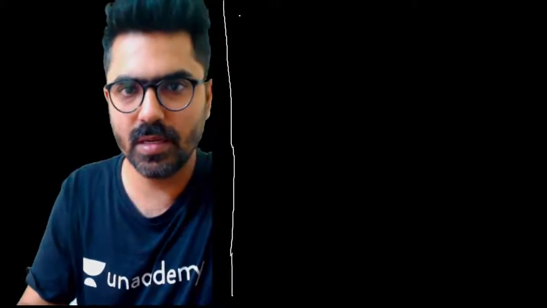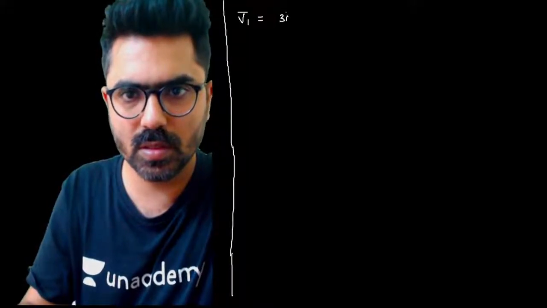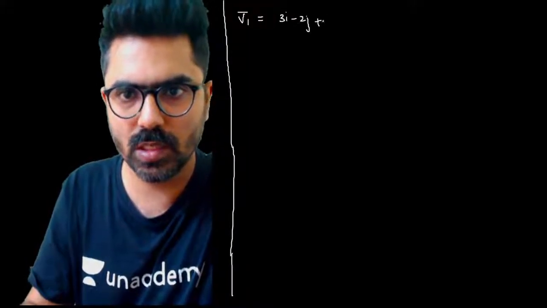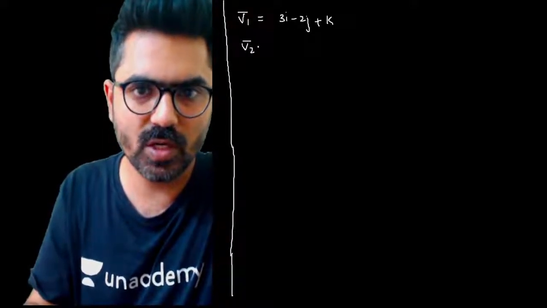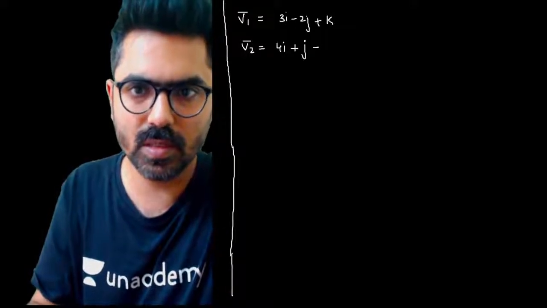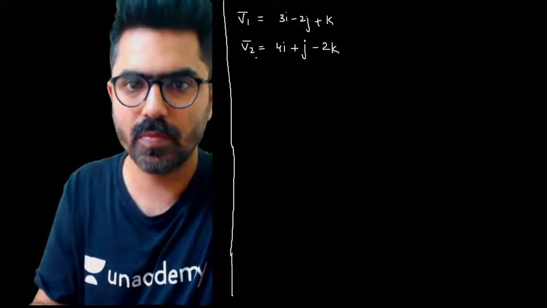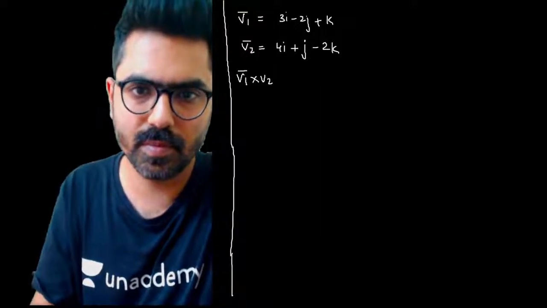First of all, let's write V1 vector which is 3i minus 2j plus k. This is just an example. V2 vector which is 4i plus j minus 2k. So let's find the V1 cross V2 vector.